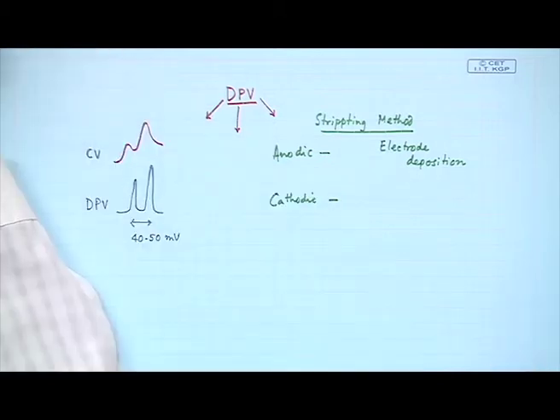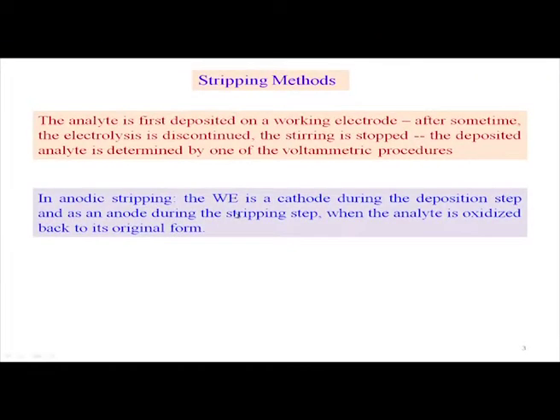When you go for anodic stripping, the working electrode is a cathode during the deposition step and an anode during stripping. So, the nature of the working electrode is changing. In anodic stripping, you have to go for the reverse process.